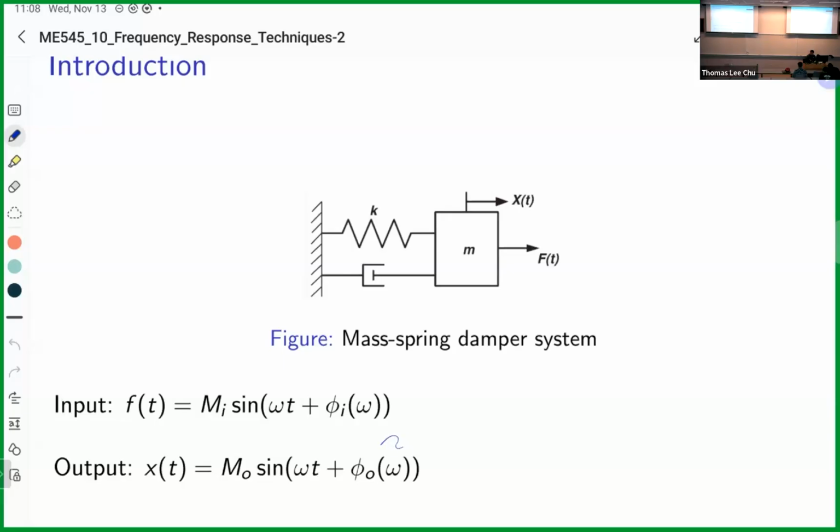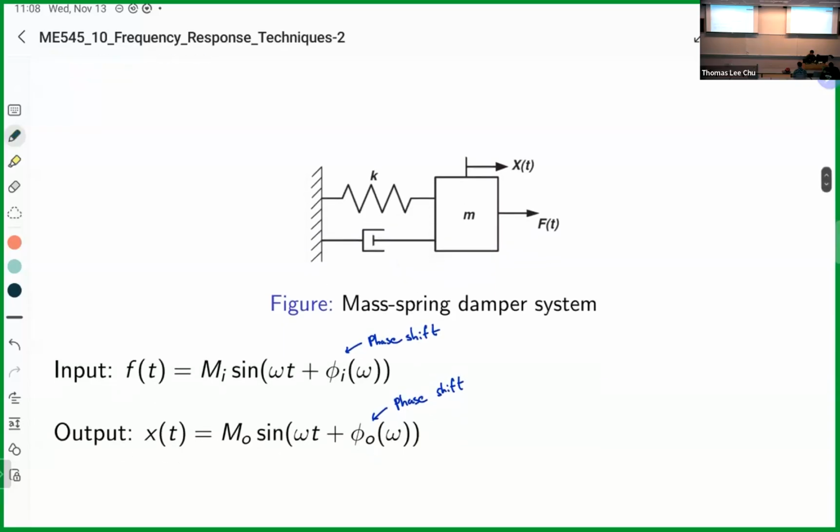And the phase shift is denoted by the phase here. So if I put a sine input, I get a sine output for this mass spring damper system. And if I continue having that oscillation, it's going to keep shaking until I stop.